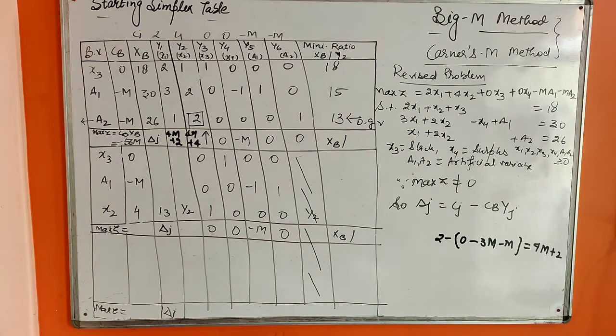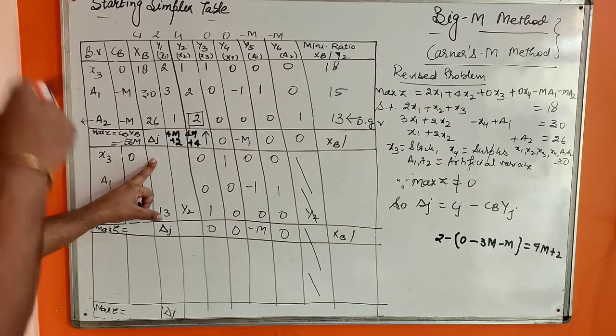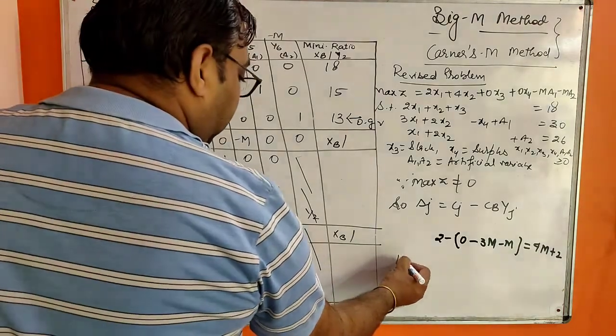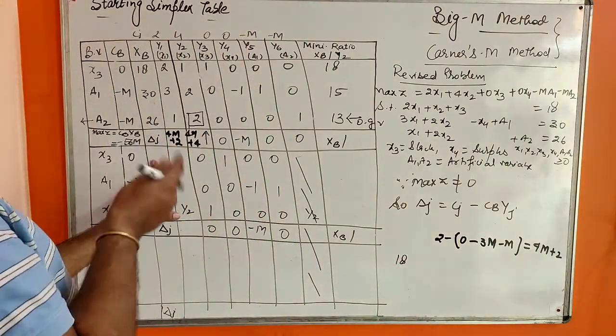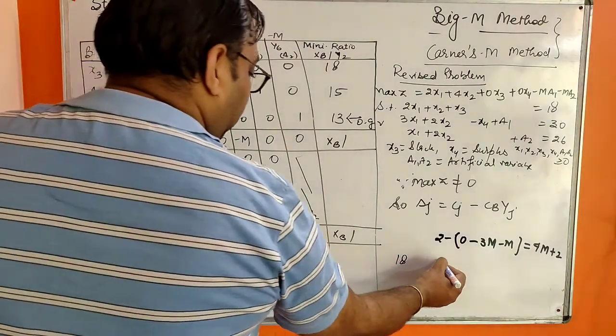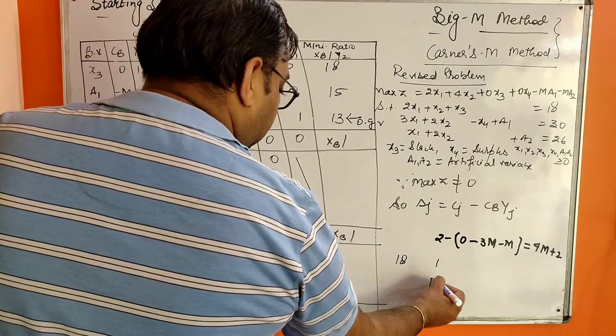The remaining elements will be calculated by the formula. What is the formula? New element is equal to element minus the product of the diagonal elements upon the key element. So we have to find this. What is the element in this particular position? 18. What is in front of 18 in the key element column? 1. What is the key element? 2.